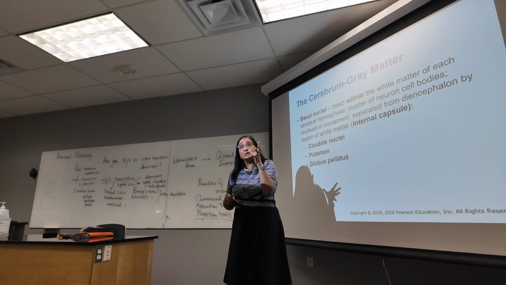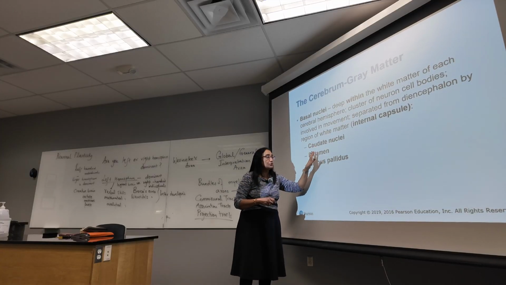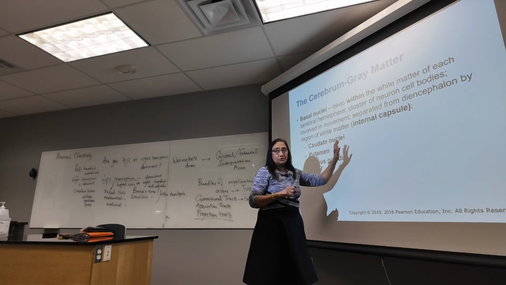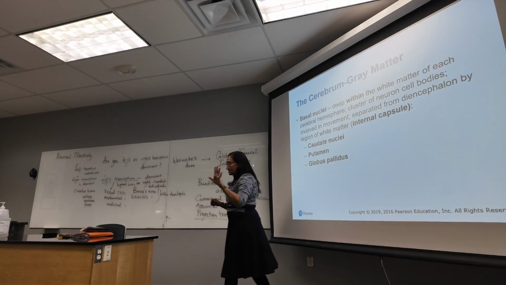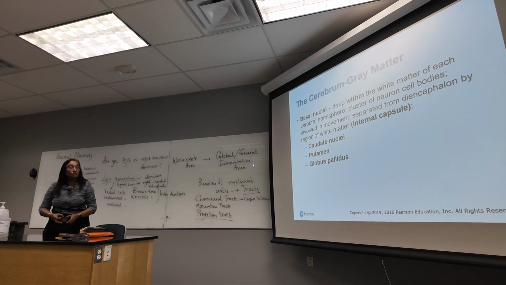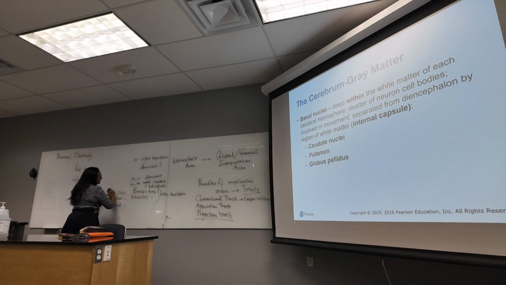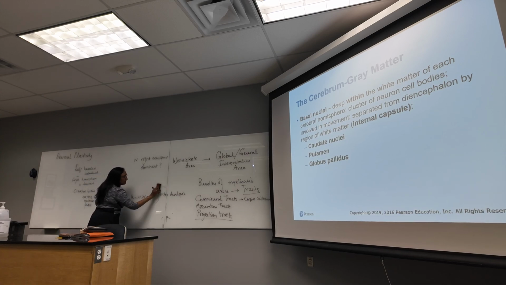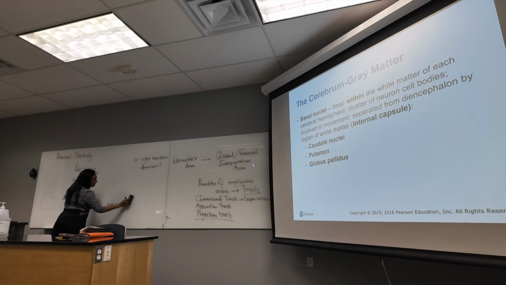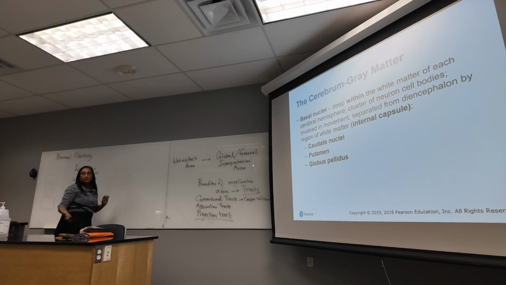Now, basal nuclei have many parts. These are the names: caudate nucleus, putamen, globus pallidus. Don't worry about these names. I want you to know what basal nuclei are, and I'm going to tell you the function of basal nuclei. I have explained this function in the audio lectures on spinal cord as well, but I'm going to tell you what it is just now.